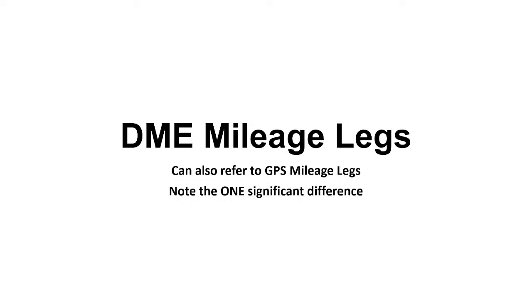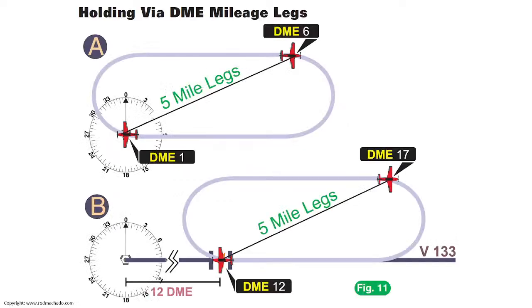All right. So DME mileage legs can also refer to GPS mileage legs. Note the one significant difference. You brought it up. The difference is slant range. The big thing is to understand that 12-mile DME, if they tell you to hold 12-mile DME, you'll hold it 12 miles. If that's what you get on your GPS, you'll use your GPS.